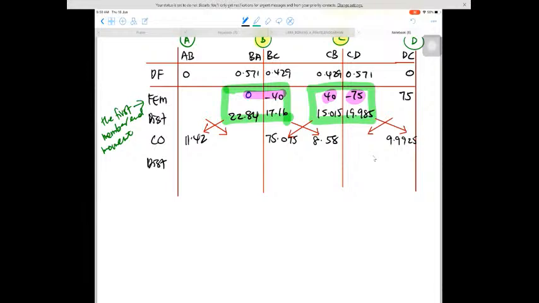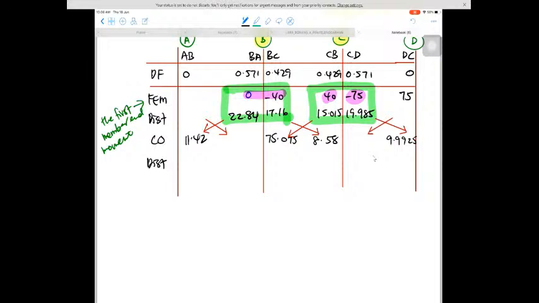So now the joint moment at B is negative 75.075, because now we can see that it is positive, and remember that the joint moment is opposite with the member-end moment. So we need to distribute negative 75.075 times 0.571.